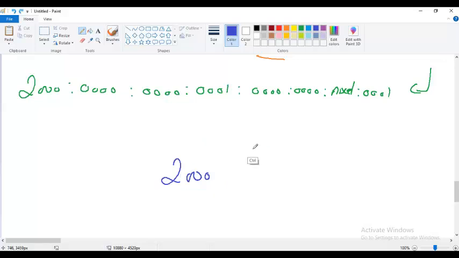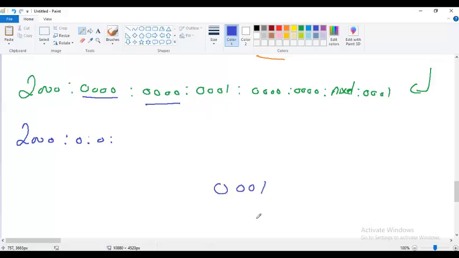Instead of writing these many zeros, you can put a single 0, again a single 0, and the 0001 can also be written as 1, no? Because the 000 has no value at all. That need not be written.